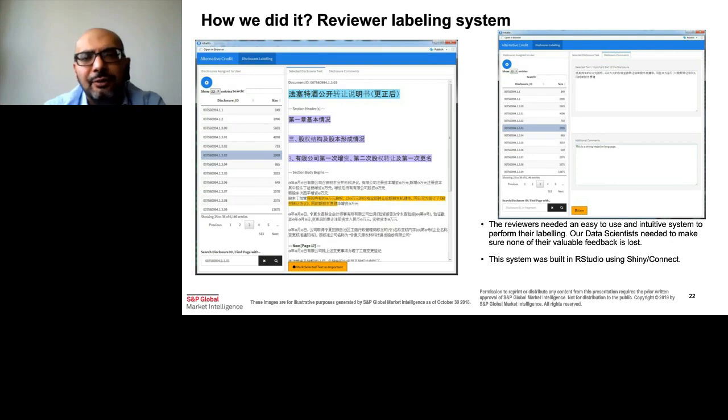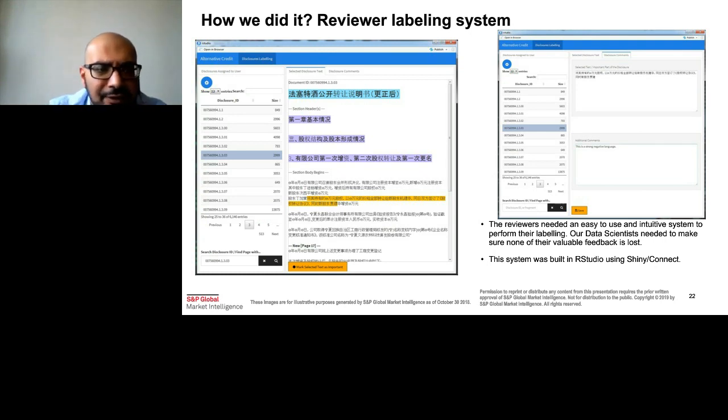So the first thing is, it goes back to the sentiment analysis framework, right? Since this is going to be a neural network-based approach, you need to have some form of labeling in order to train your network against. So for us, what we've done is in Shiny on RStudio Connect, we built an app and hired some reviewers to go through a selected set of our corpus in Chinese.